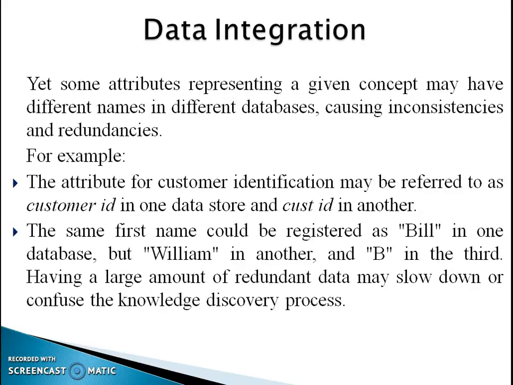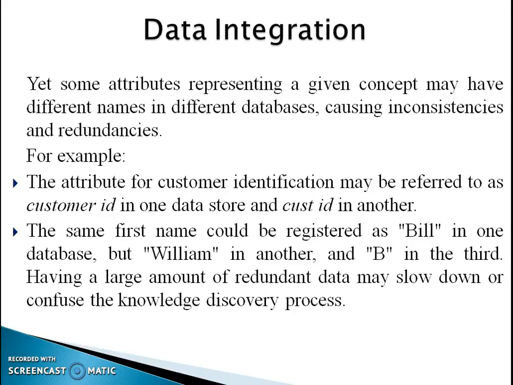The next step is data integration. Some attributes representing a given concept may have different names in different databases, causing inconsistencies and redundancy. For example, the attribute for customer identification may be referred to in one database as customer ID, or in other data stores it can be cust ID.